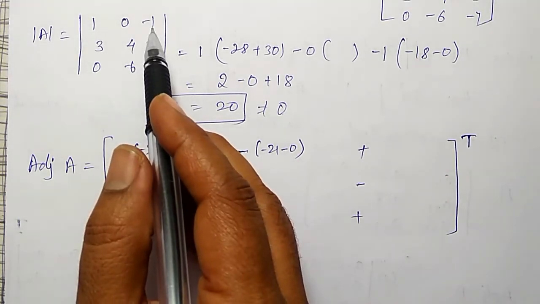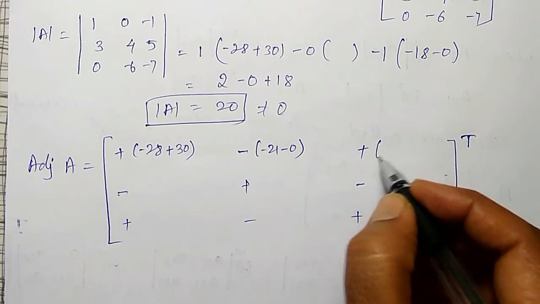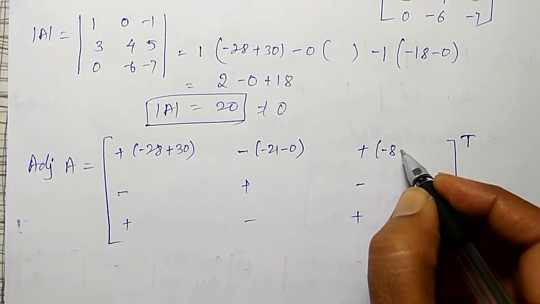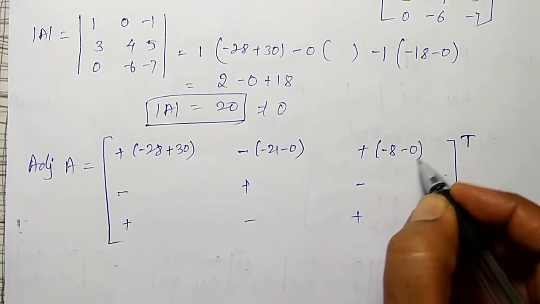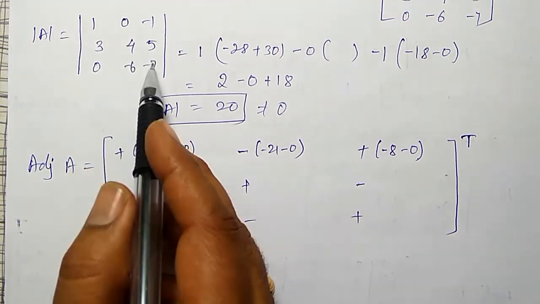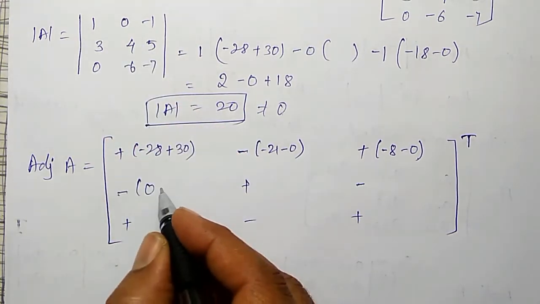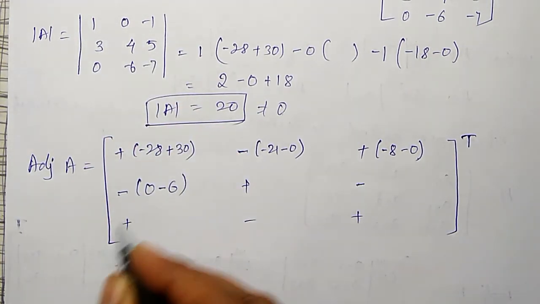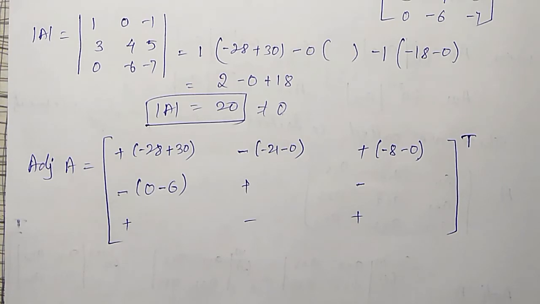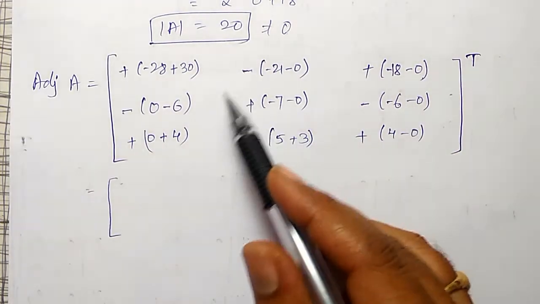Then minor of -1, leaving that row and column, is -18 minus 0. Like that, minor of 3, leaving that row and column, is 0 into 7, 0. And next, -6 into -1 will come -6. Like that, I will calculate all of them and I will come back. Now I will take the transpose also and calculate.